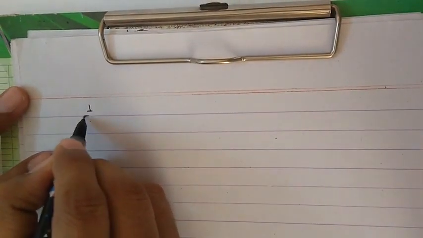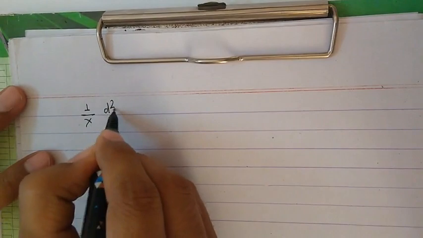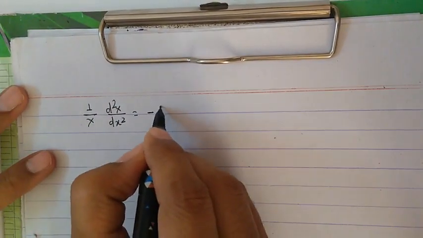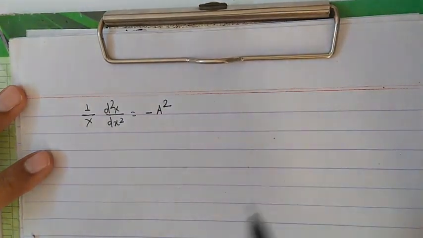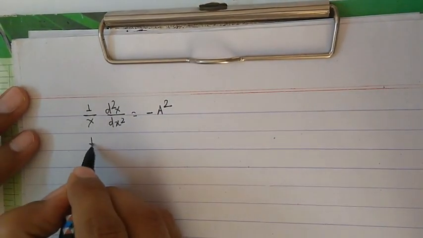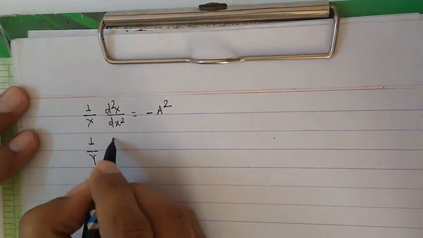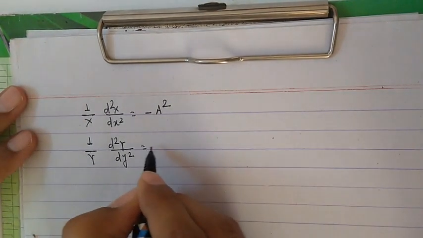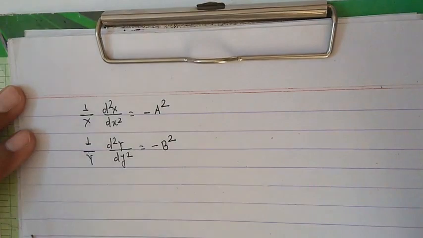1 by X d²X/dx² is some constant, let us say minus a squared. 1 by Y d²Y/dy² is some constant, minus b squared.